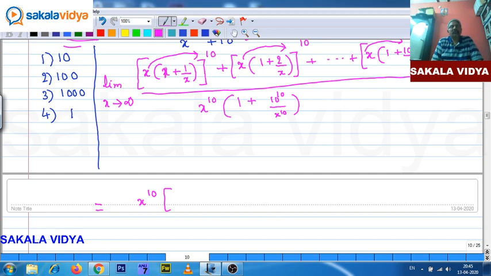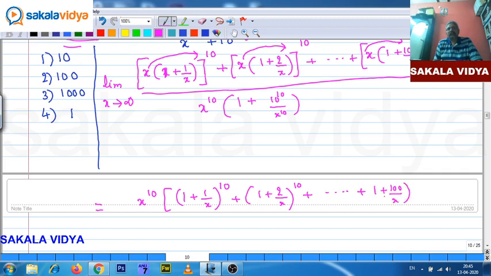So 1 plus 1 by x whole to the power of 10 plus 1 plus 2 by x whole to the power of 10 and so on plus 1 plus 100 by x whole to the power of 10. You need not expand any term, that's all. So upon here x to the power of 10 into 1 plus 10 to the power of 10 by x to the power of 10.